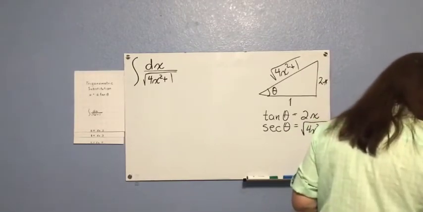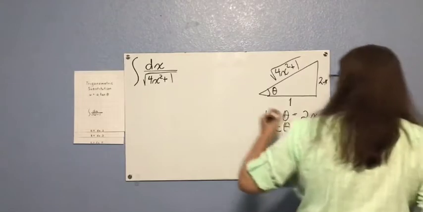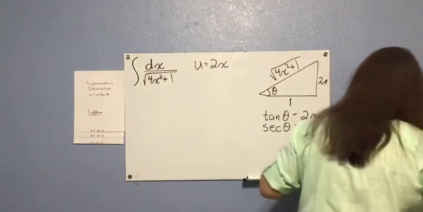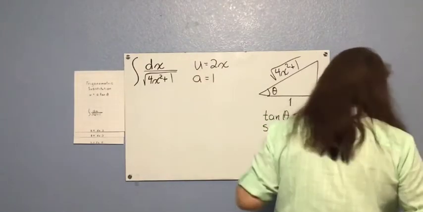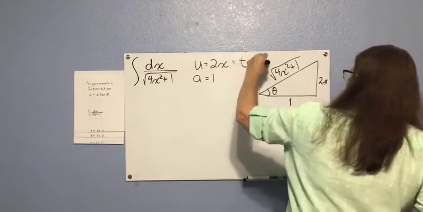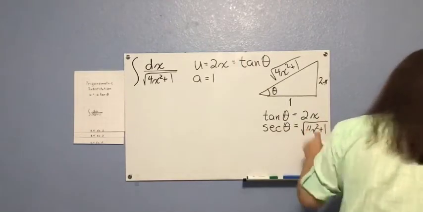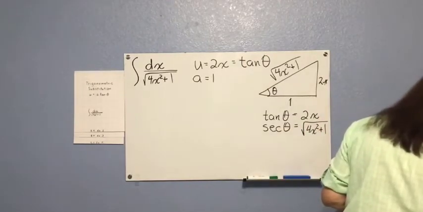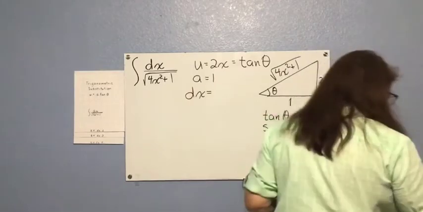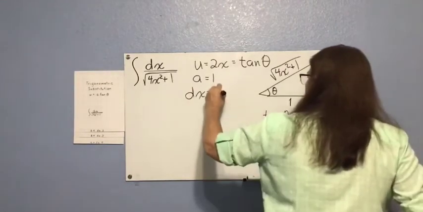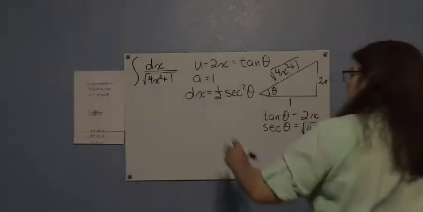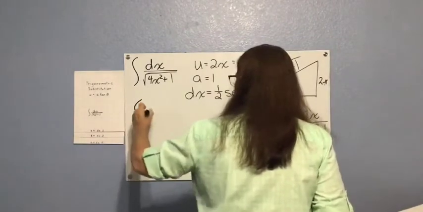And using my trig substitution, u equals 2x, a equals 1, and 2x is also equal to tan theta, as we saw here in our triangle. So now we know that dx is equal to 1/2 secant squared theta d theta.